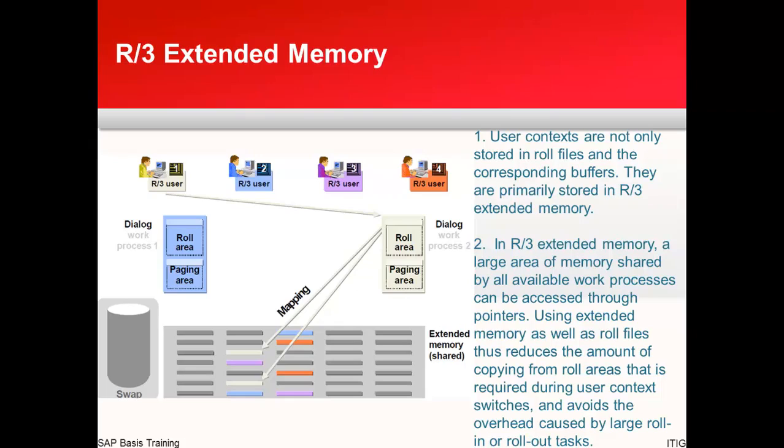Using extended memory as well as role files thus reduces the amount of copying from the role area that is required during user context switches and avoids the overhead caused by large roll-in or rollout. And if you see a lot of rollout, roll-in, a lot of swapping or paging taking place, that means your system is running short of memory and you need to feed in more memory.